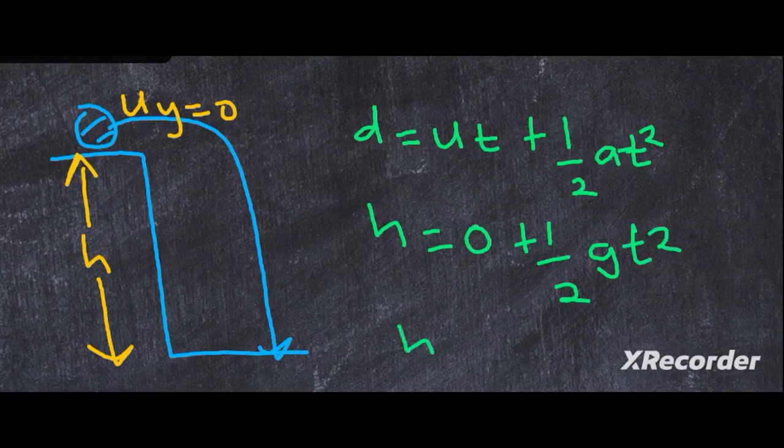Height therefore is equal to 1/2 times acceleration due to gravity times t squared. So this is the formula that we can use to find the height of the projectile motion.